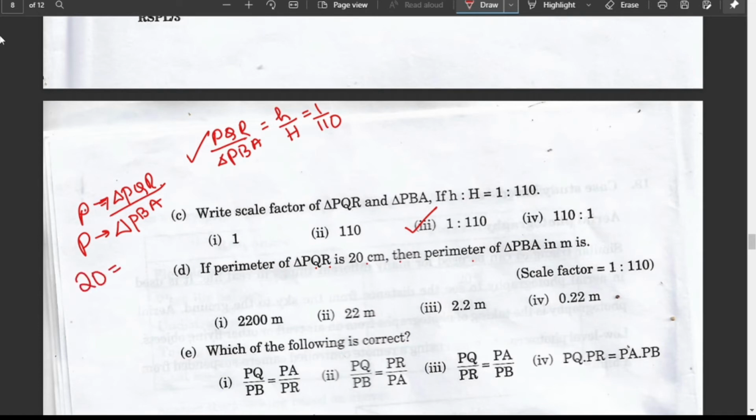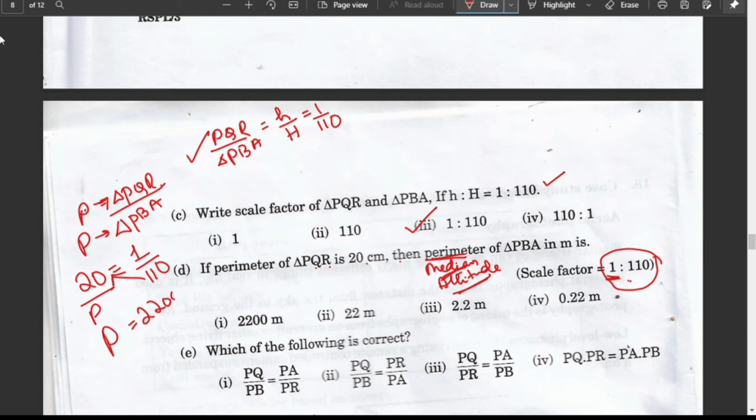One more thing, children: instead of perimeter they may give you median or altitude, all will have the same scale factor as the corresponding sides, or the sides proportional. But in this question they have specified the scale factor, so it will be divided by the perimeter of the other triangle PBA, 1 by 110. Cross multiply, you get the perimeter of PBA equal to 2200.